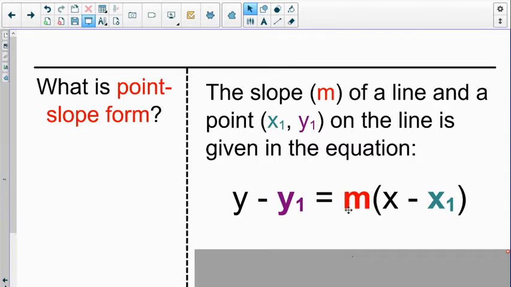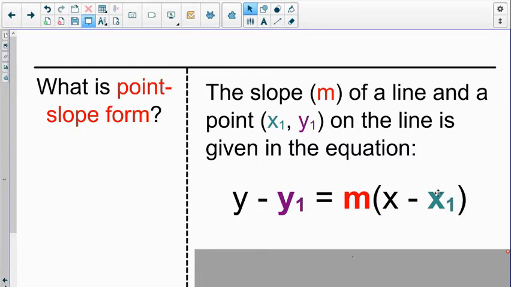Again, m is the slope of the line, that number that tells us if the line rises or falls. And notice in the ordered pair, the x comes before the y, so it's x sub 1 comma y sub 1. But in our form of an equation, the x sub 1 goes at the end of the equation. Notice also it's inside the parentheses.